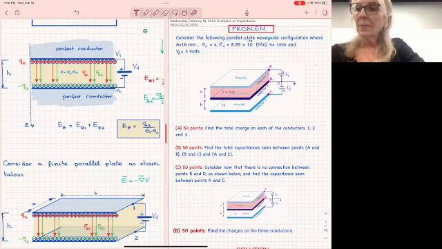So for charges distributed uniformly on a planar surface, the field is constant, but always perpendicular to that surface. If the charges distributed on the surface of that conductor are negative, the field will be perpendicular and constant, but it's going to point towards the negative charge.